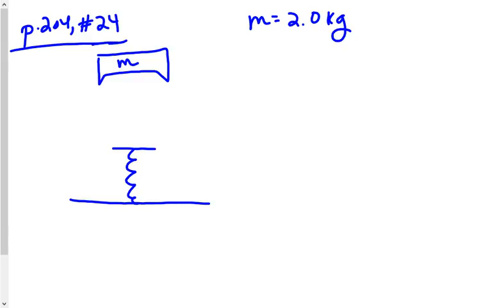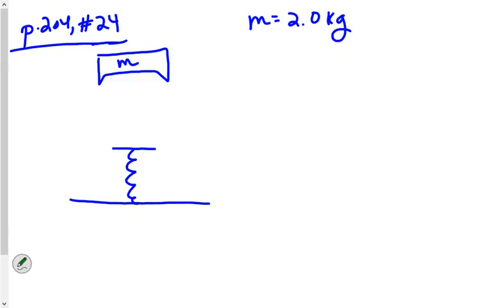Well, we know the spring is going to compress, but what's going to happen to the object was my question. It's going to slow down, which means what else is getting smaller? The kinetic energy. So some of the kinetic energy that the object has when it hits the spring is going to be converted into elastic potential energy.